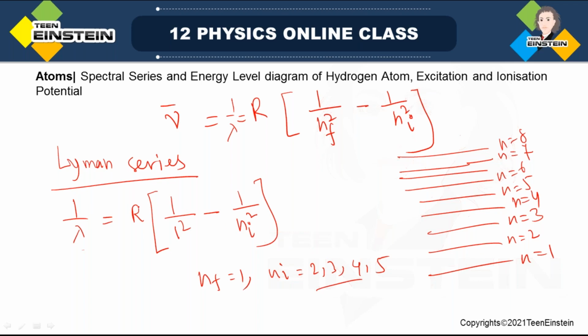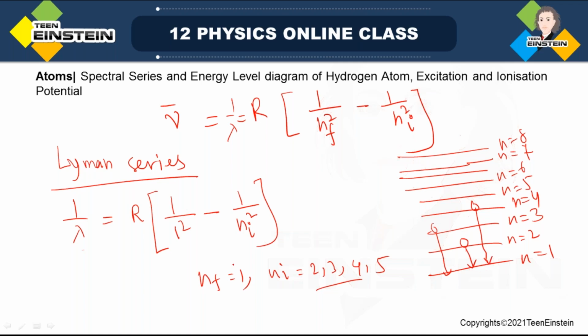You will get the Lyman lines in the Lyman series if an electron at n is equal to 2 makes a transition to n is equal to 1, or makes a transition from n is equal to 3 to 1, or n is equal to 4 to 1.